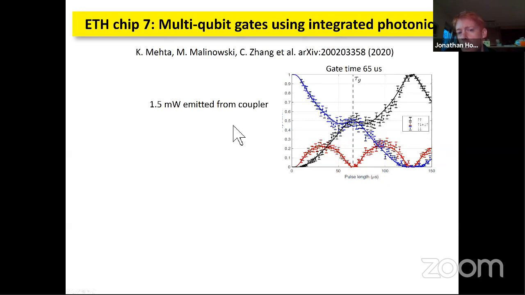With about 1.5 milliwatts coming out of the grating coupler and into the mode that hits the ions, we now see a classic collective Rabi oscillation that you would see for these Mølmer-Sørensen gates. The ions started in the down-down state and evolved for some time.